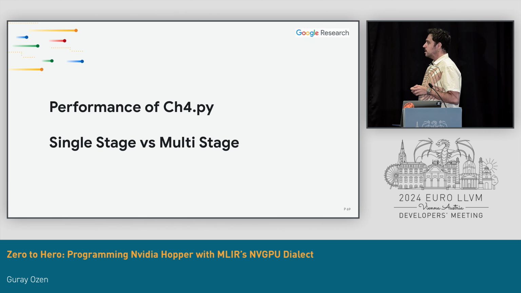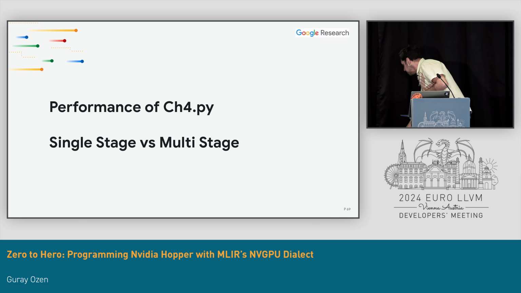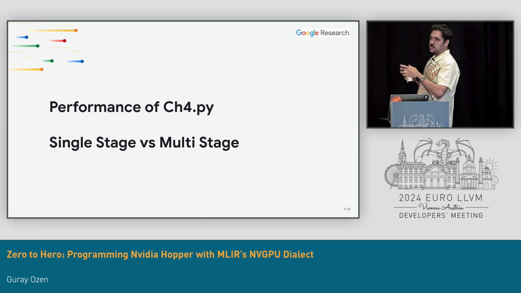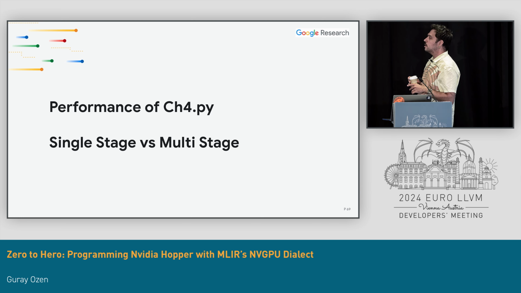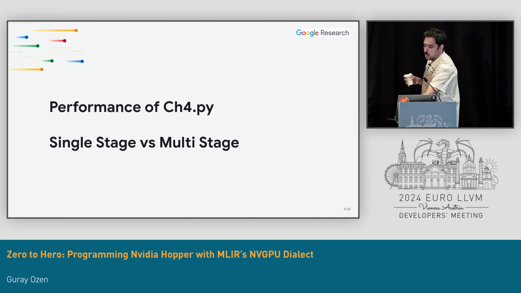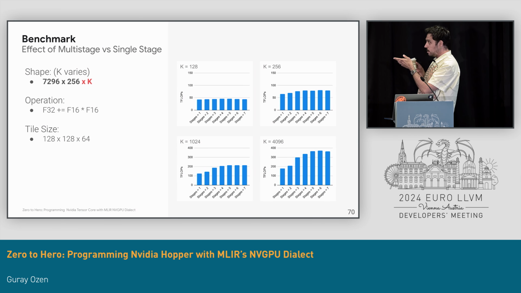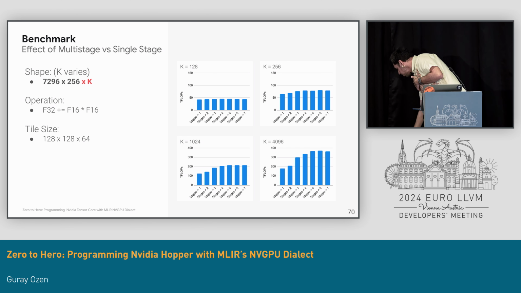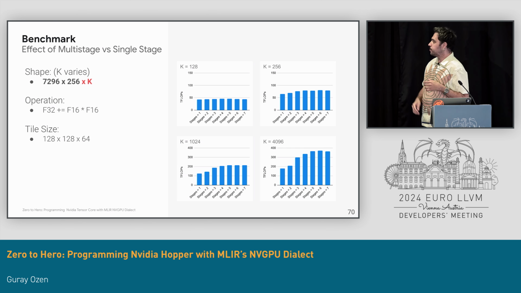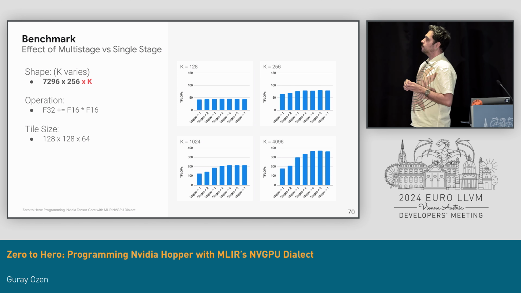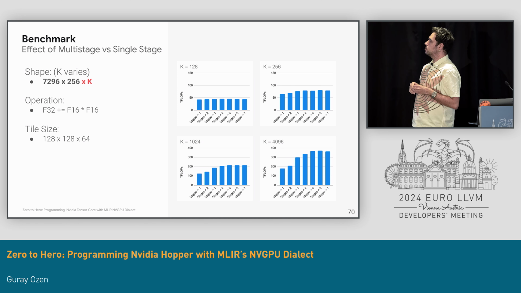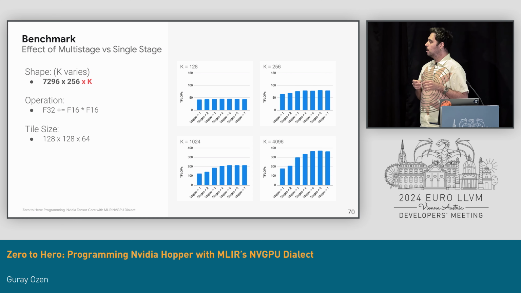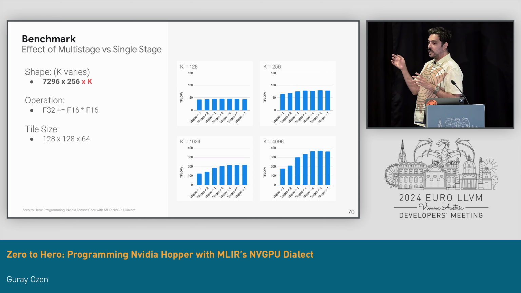Okay, so now let's talk about the performance. I mentioned that single stage, the previous chapter, is not good, and multi-stage is important. So how important? These are the benchmarks. What I did, I took one shape, 7K, 256, and K. The first two dimensions are the same, and the K is different.